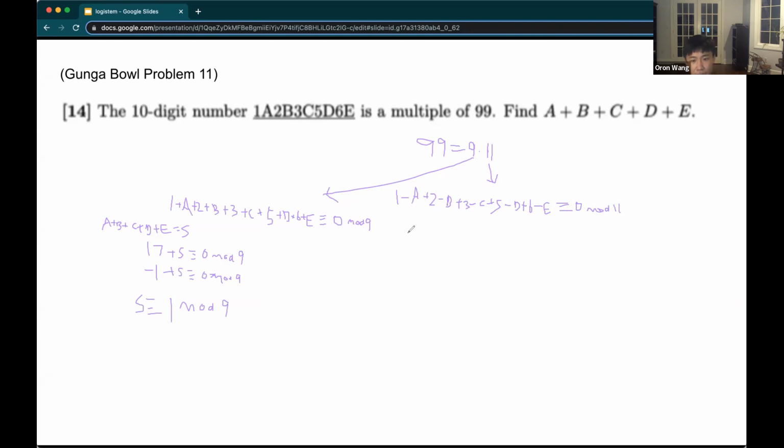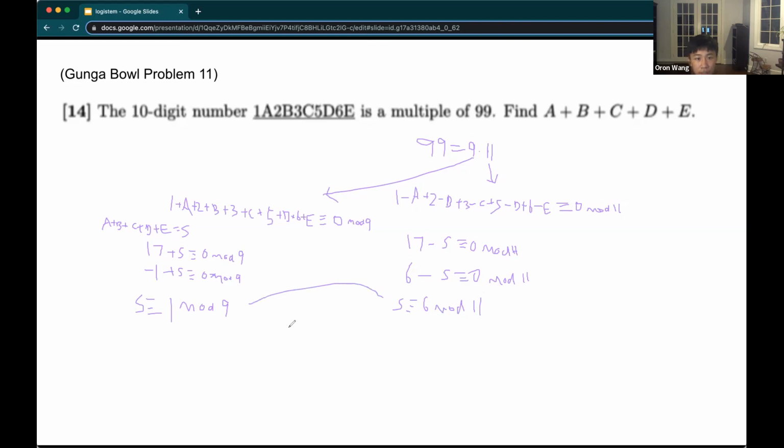And we can simplify this again to 17 minus s is 0 mod 11. And we can reduce 17 to 6 mod 11, so 6 minus s is congruent to 0 mod 11. So solving this, we get s is congruent to 6 mod 11. So now we can solve these two equations.